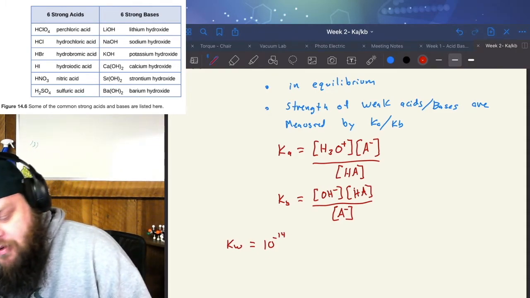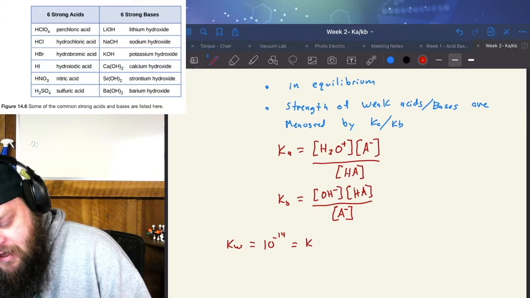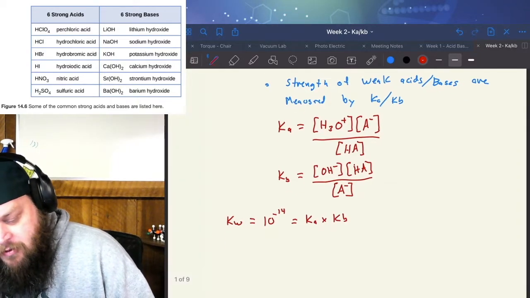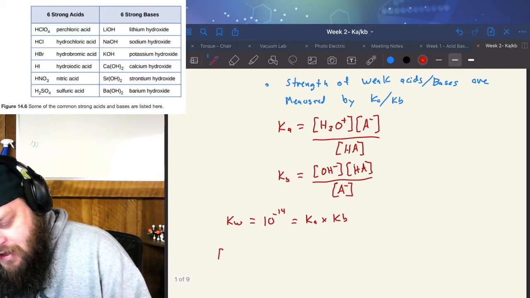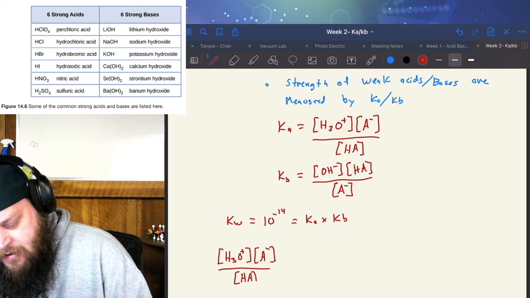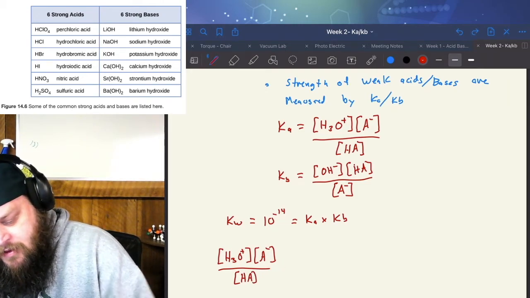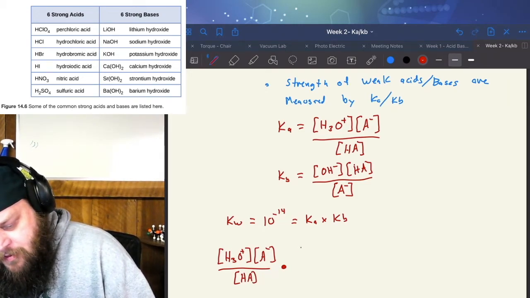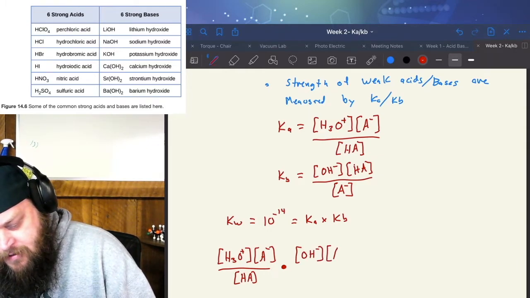And that Kw is equal to Ka times Kb. We could write it out as H3O plus times A minus divided by HA, times, put a big dot, OH minus times HA divided by A minus.